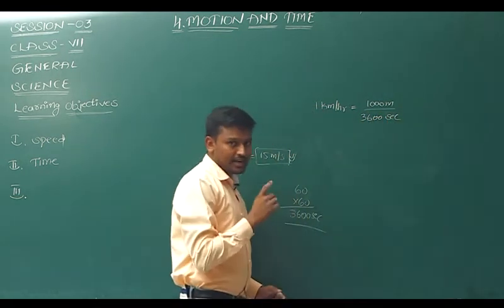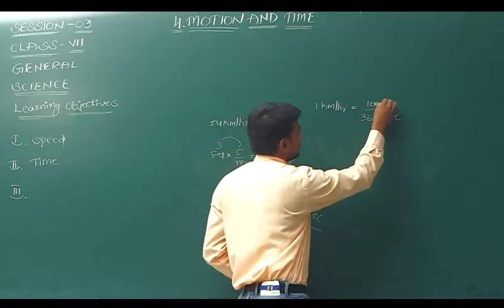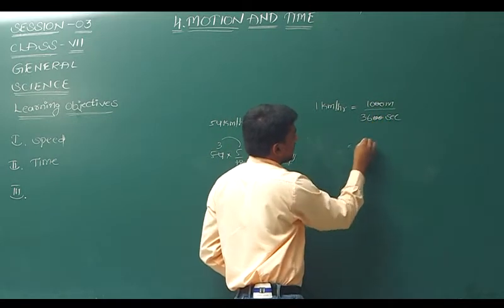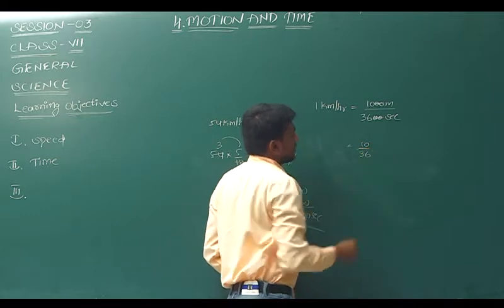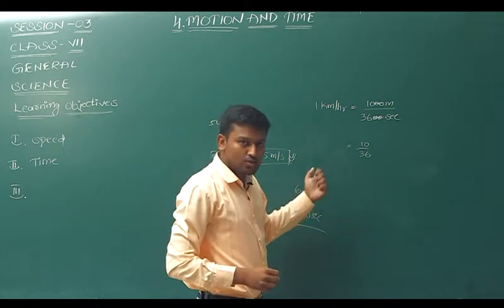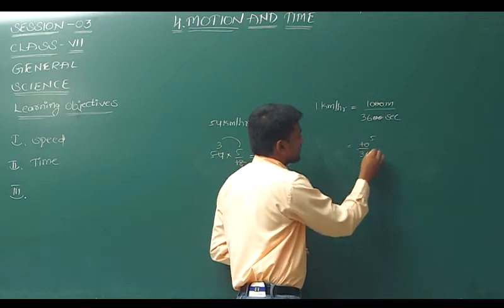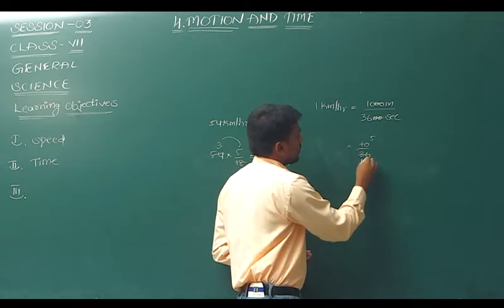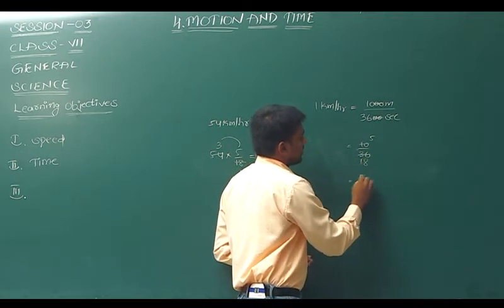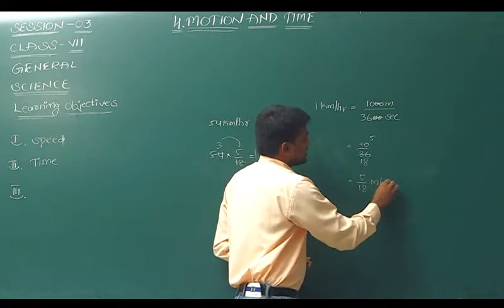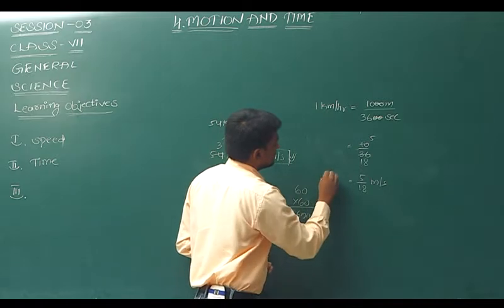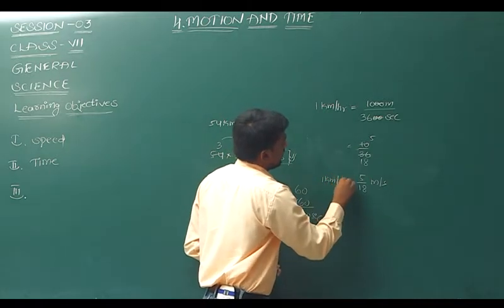And now here we can cancel. We have two zeros, we can cancel directly. We will get 10 by 36. We can cancel in the 2 table: 2 fives are 10, 2 eighteens are 36. So what is the value we got here? 5 by 18 meter per second. And this is 1 kilometer per hour.